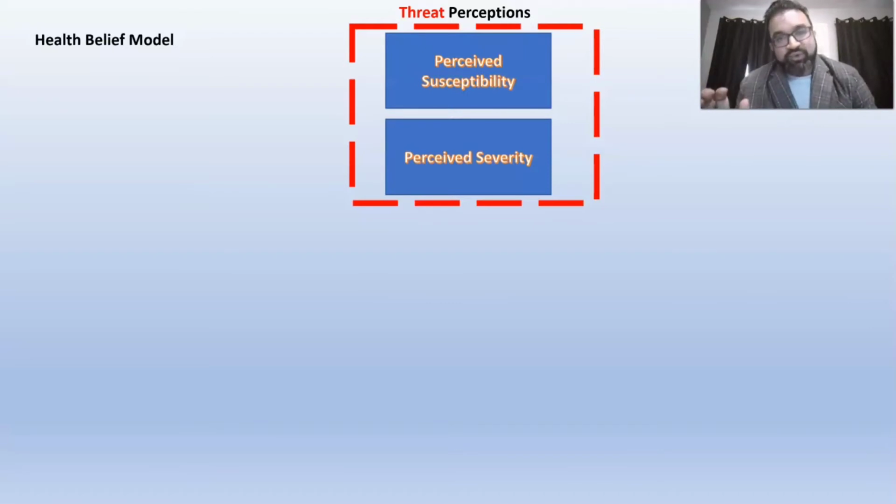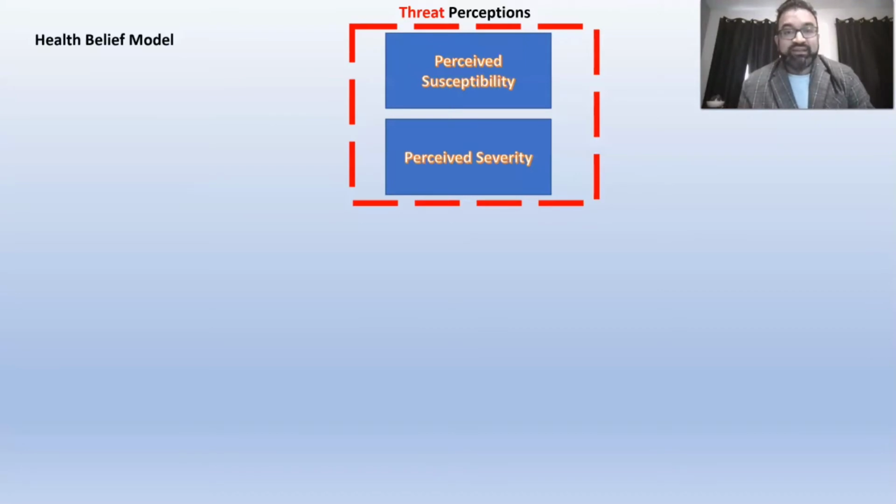When a person is trying to make a decision on engaging in a behavior, they have these perceptions, and based on the severity of that threat and the perceived susceptibility to that threat, a population or an individual forms a perception.